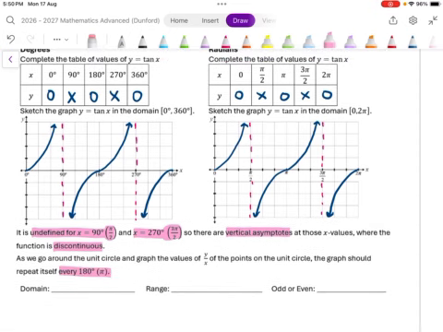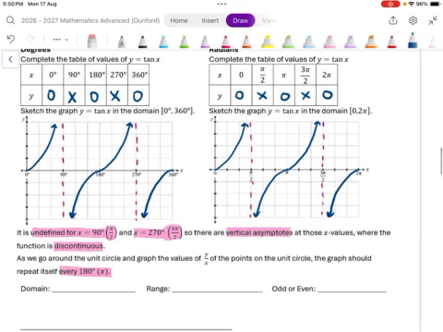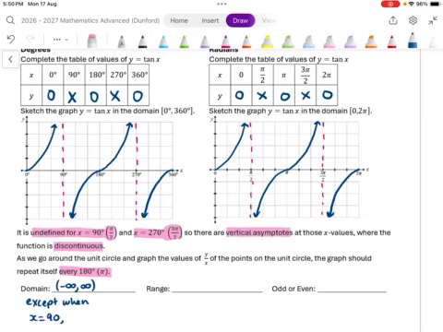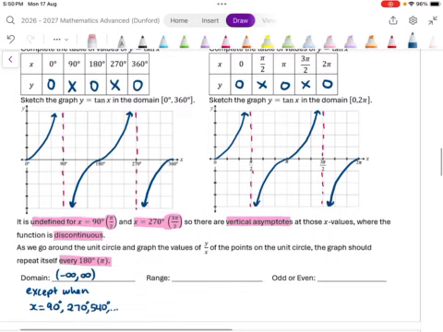So our domain for our tan function is negative infinity to infinity, except when x equals 90, 270, I think the next one's 540 degrees, if you're looking at degrees, or pi on 2, 3 pi on 2, 5 pi on 2.